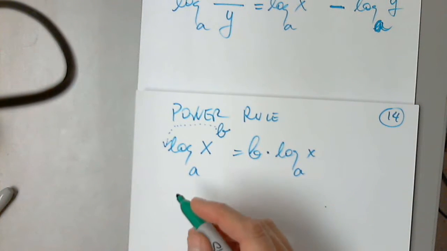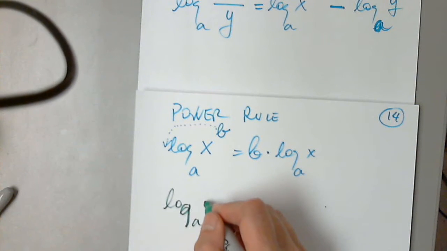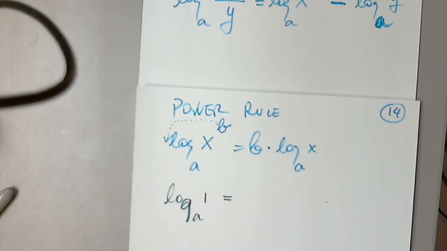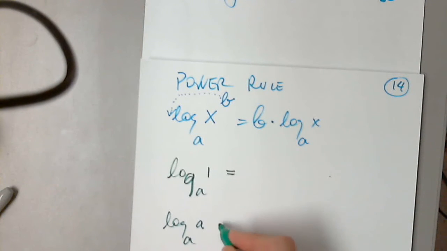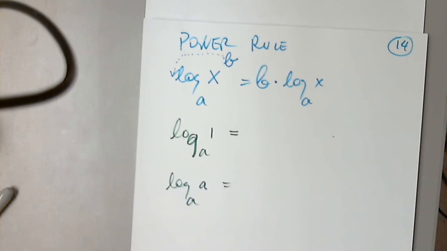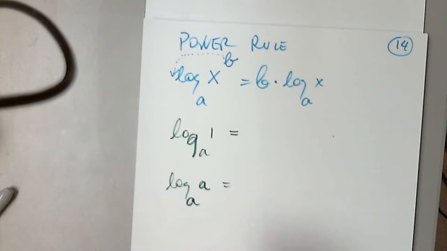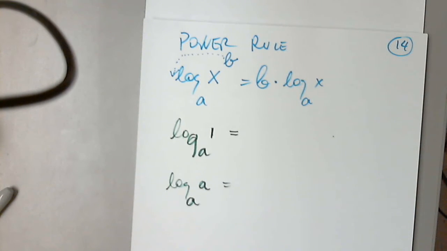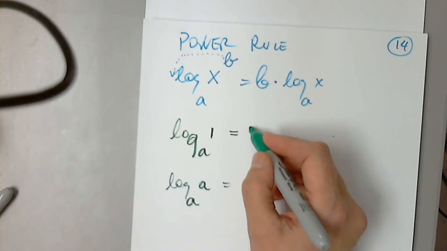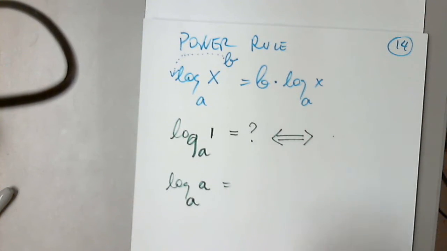Some other little properties. Log base A of 1, log base A of A. Let's say I don't know what this is, but I know how to change this into an exponential equation.